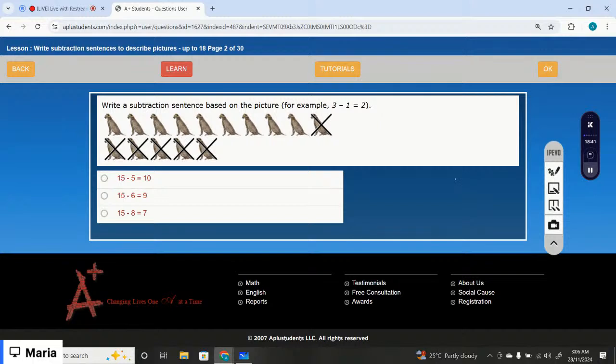No, one, two, three, four, five, six of them are crossed out, right? Option number two is the correct option. That is 15 take away 6 equals 9. Okay, let's just move on to the next one.